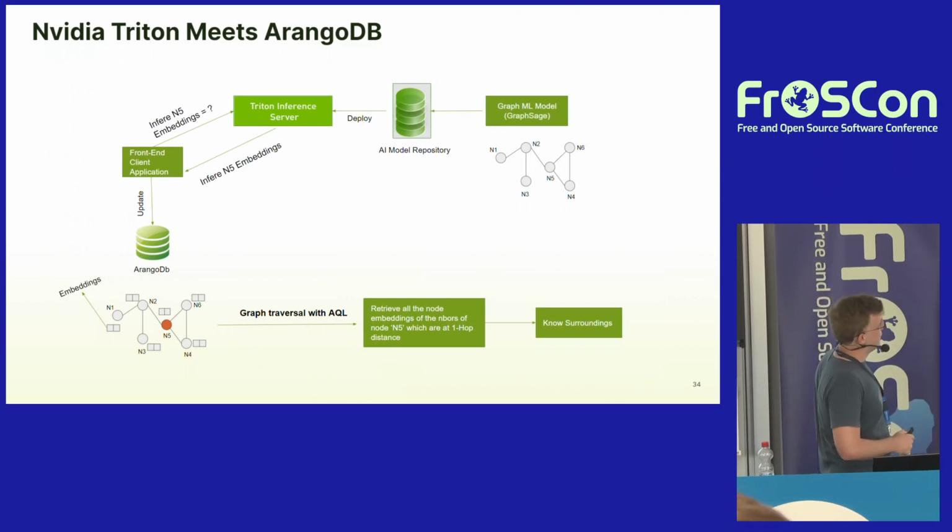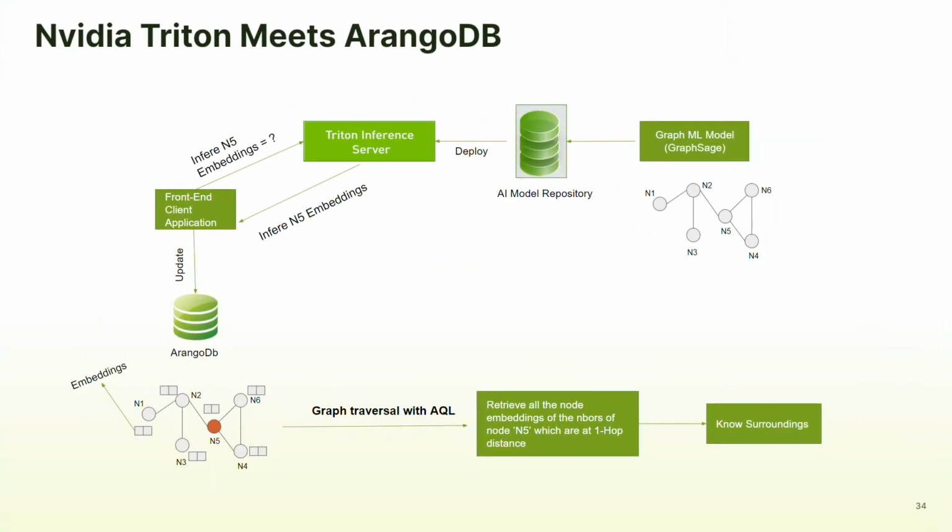The potential connection we would see here would be the Triton inference server connecting to a model repository to bring in those ML models, but then updating those inferences back to the database, and having this loop of being able to continue iterating on your machine learning models while also keeping the data up to date inside of your database.